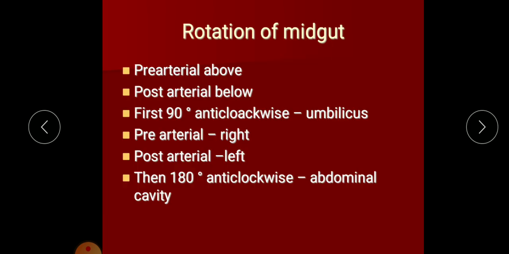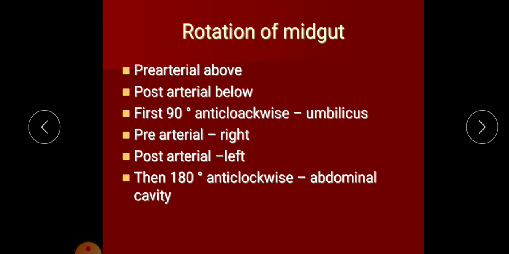Now you get the first rotation: a first 90-degree anti-clockwise rotation, and that rotation occurs when this midgut loop is outside, in the umbilicus, out in the extraembryonic coelom. That is the first rotation, 90-degree anti-clockwise.